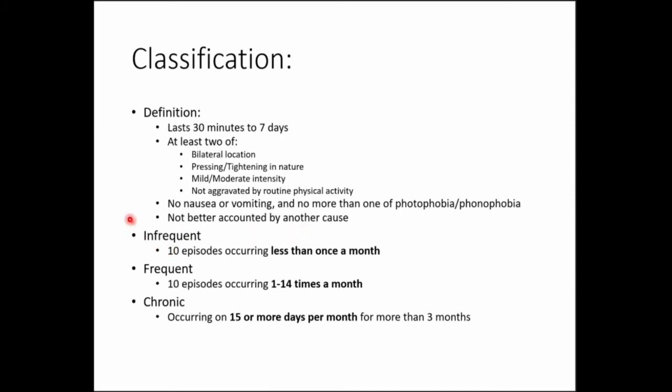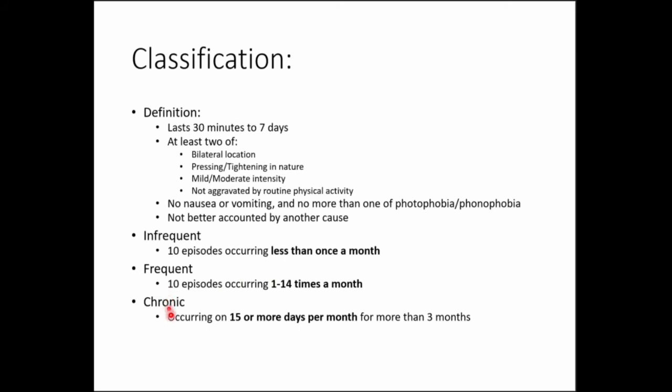And then it can be further classified into infrequent, frequent, or chronic. Infrequent is when a person has 10 episodes occurring at less than one a month. So this could be a person who has 10 episodes spread over an entire year without more than one in a month. Frequent is when a person has 10 episodes occurring between 1 to 14 times a month.